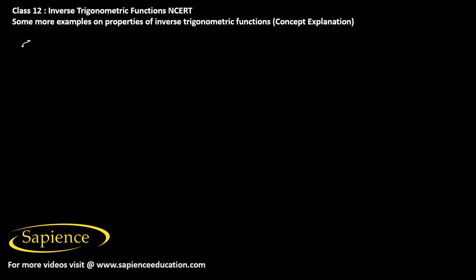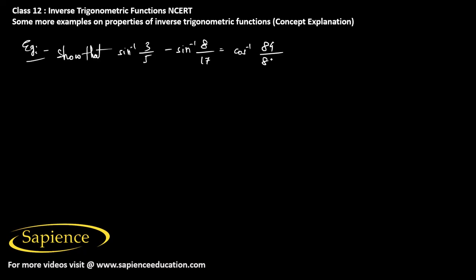And one more example we can solve, that is to show that sine inverse of 3 by 5 minus sine inverse of 8 by 17 is equal to cos inverse of 84 by 85. Here, let sine inverse of 3 by 5 be equal to x, and sine inverse of 8 by 17 be equal to y.